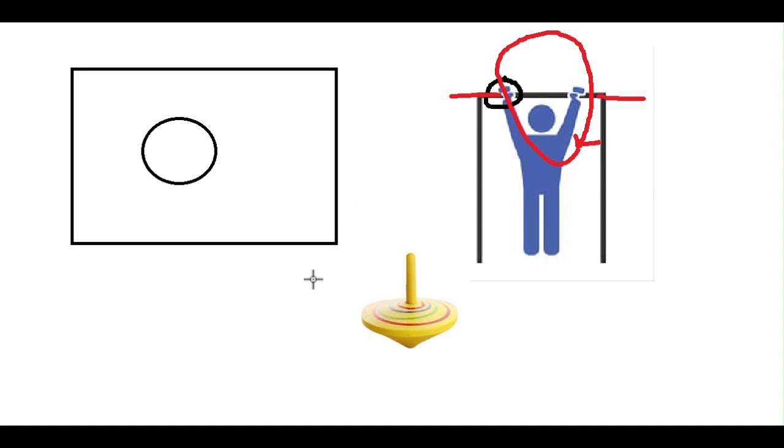Similarly, if we talk about a top that is spinning, its axis passes straight through its center, and the motion of the top is rotating around this axis. So this is the axis of this toy, and this is the axis of the person rotating around this bar.